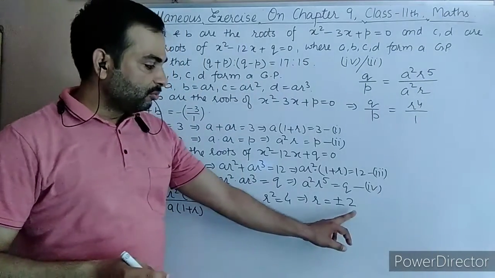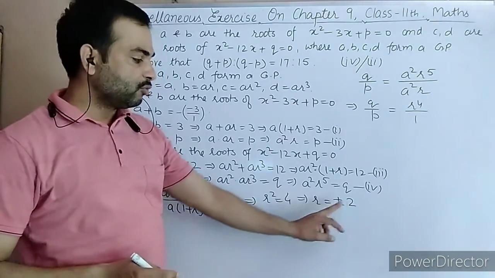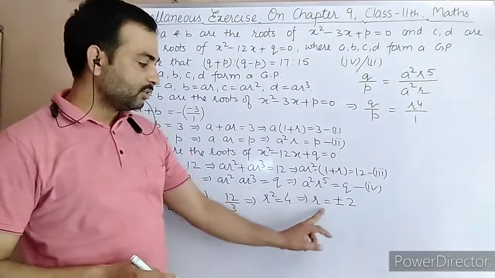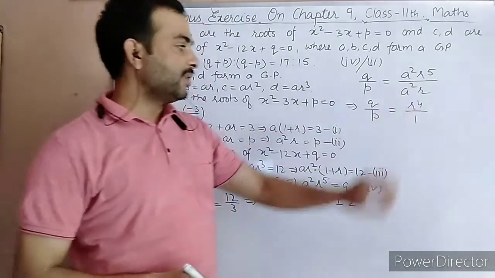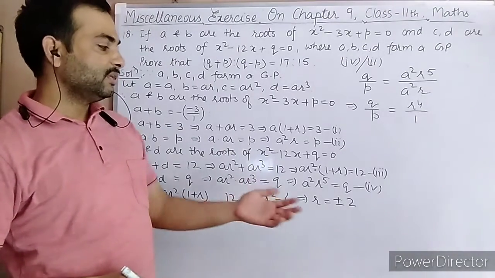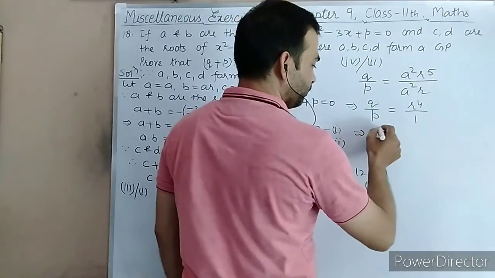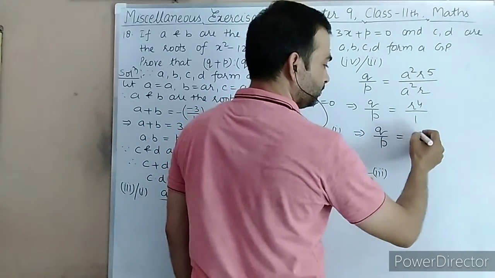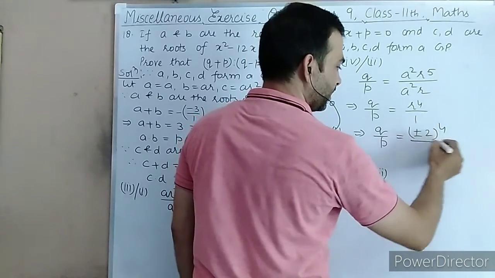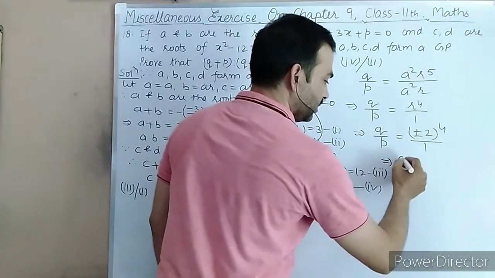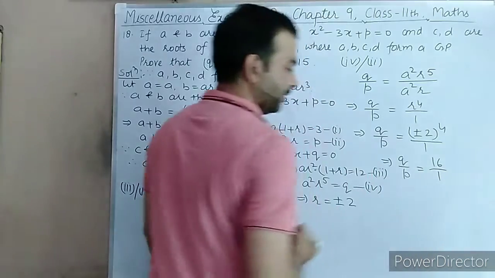If I put r equal to +2 or r equal to −2, you can see that r⁴ will be positive in both cases. So q by p is (±2)⁴ divided by 1. This implies q by p is 16 by 1.